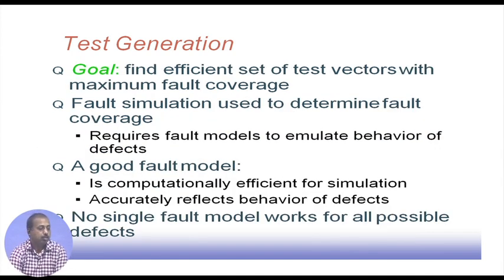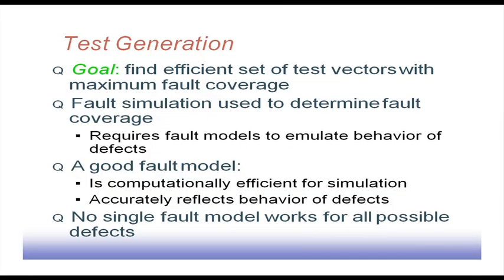So what is this test generation process? The goal of the test generation process is to find an efficient set of test vectors with maximum fault coverage. That is the overall goal. There are several techniques by which we can generate test vectors, and we will see those in due course of time. Now how do we say how many faults this particular test set can detect?